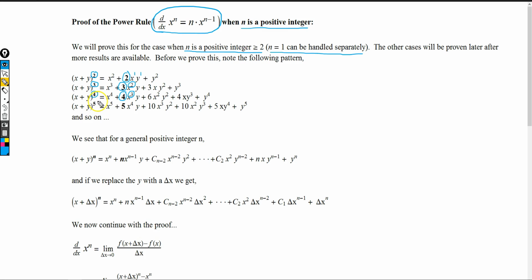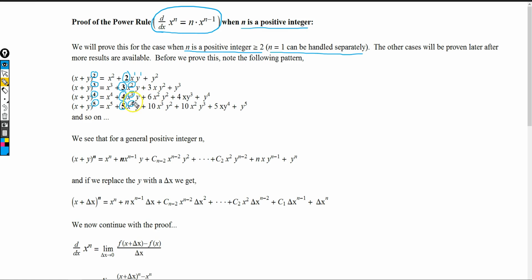For the 5th, you're going to have x to the 5th plus 5x to the 4th times y. You have that pattern. You've got the 5 here and the 5 here. The x to the 4th, that 4 is 5 minus 1. And then out here, you just have higher powers involving the y's.